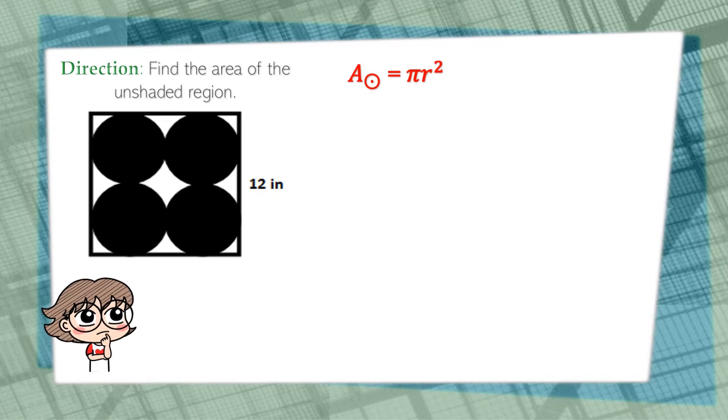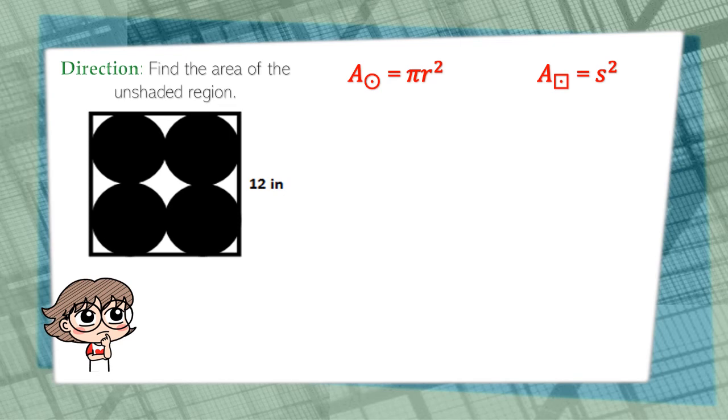It's given the side is 12 inches. So since it's actually a square, all the sides are equal, so 12 inches. And as you can see, we do have here 4 shaded circles inside our given square. So we need to find the area of our circle and we need to find the area of our square.